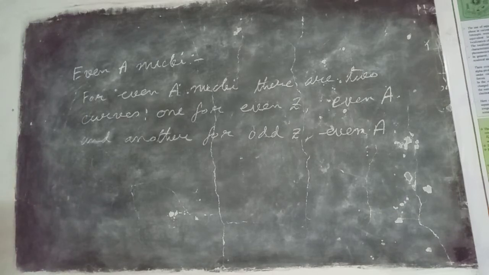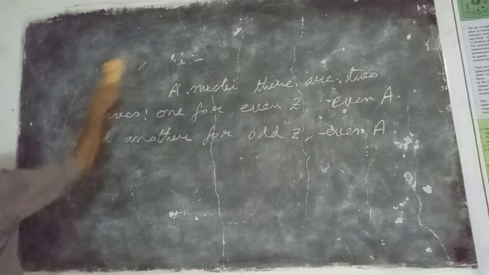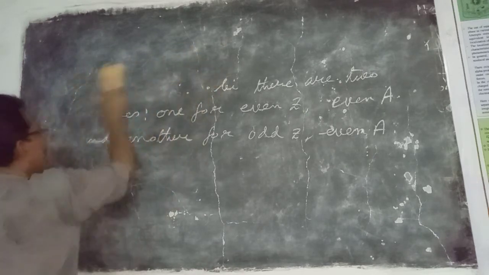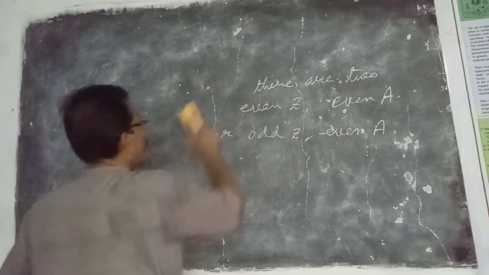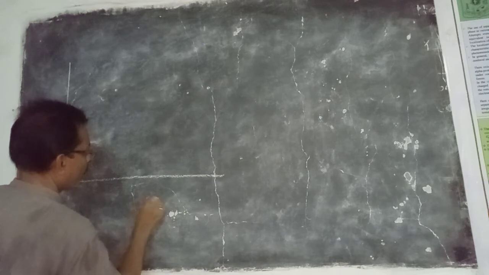Now, if we draw the binding energy versus the atomic number for these even A nuclei, then we get Z along the x-axis and the binding energy along the y-axis.